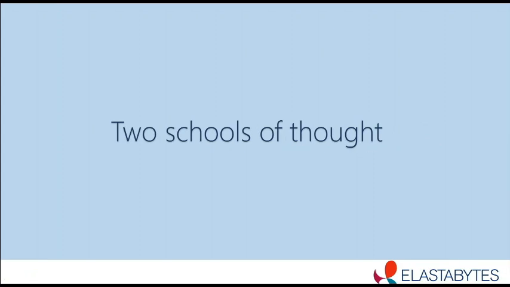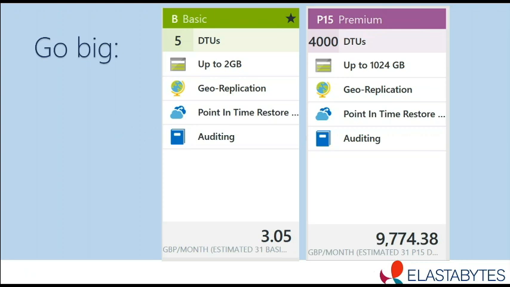So as we take a look again at this slide, with the lowest possible basic SKU and premium SKU, you can scale up pretty easily. If you scale up within the same tier, basic, standard, or premium plan, it will take seconds. The average downtime is less than 4 seconds when scaling up within the tiers.